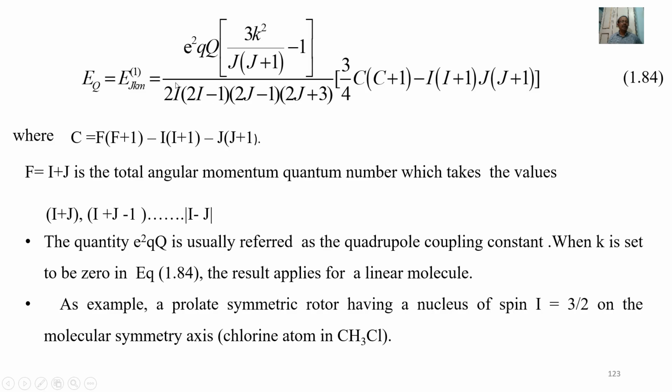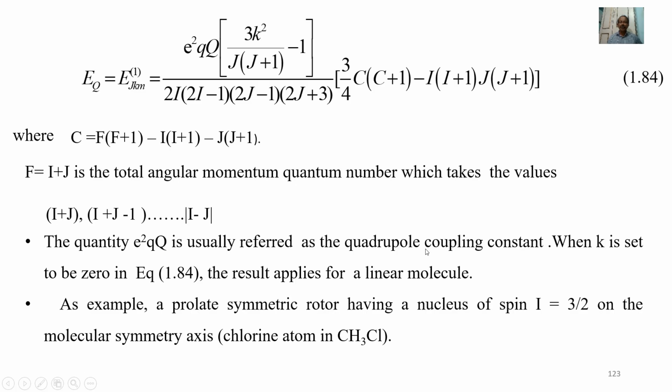Here C equals F times (F plus 1) minus I times (I plus 1) minus J times (J plus 1). F equals I plus J is the total angular momentum quantum number, which takes the values I plus J to mod I minus J. I is the spin of the nucleus, J is the total angular momentum of the electron. The quantity e squared Q q is usually referred to as the quadrupole coupling constant.